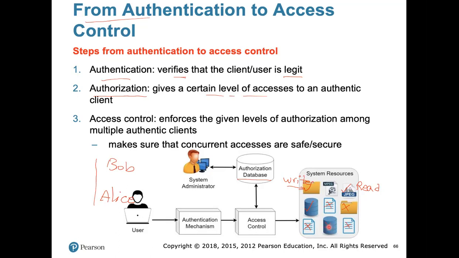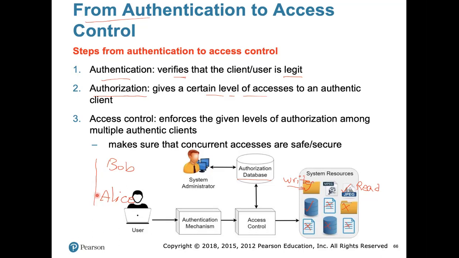So Bob should be able to access this. So the authorization policy, rule, or regulation that we want to implement might be different per different users that we have.